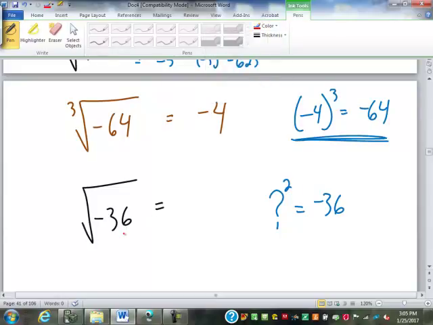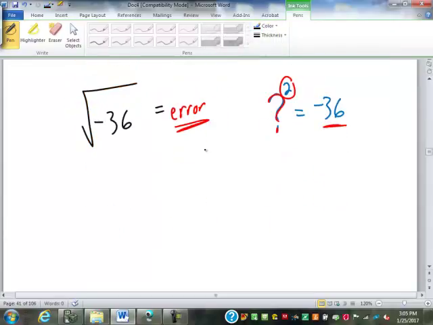When you did the square root of negative 36, what did it tell you? Should have said error, right? Yeah. There is no number that if we square it, that's going to give us a negative result. When we square something, because it's an even power, the result will always be positive. So for that reason, we cannot take a square root of a negative number.